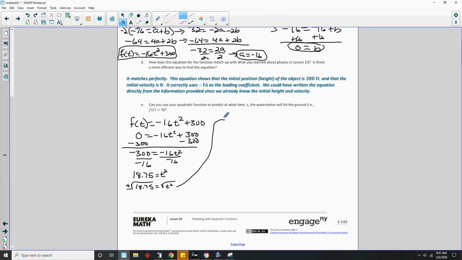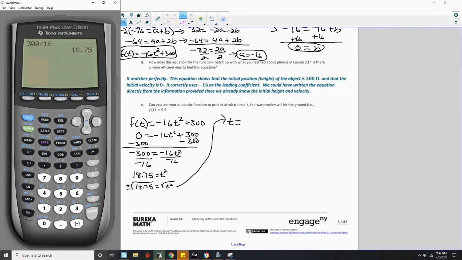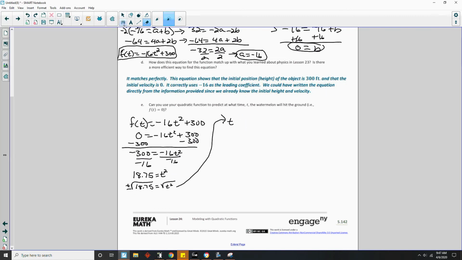So t equals the square root of 18.75. So square root, second answer, enter, and it's 4.33 approximately. So I'll put in approximately 4.33, and that would be seconds. So in about 4 1/3 seconds, that watermelon's going to splat on the ground.